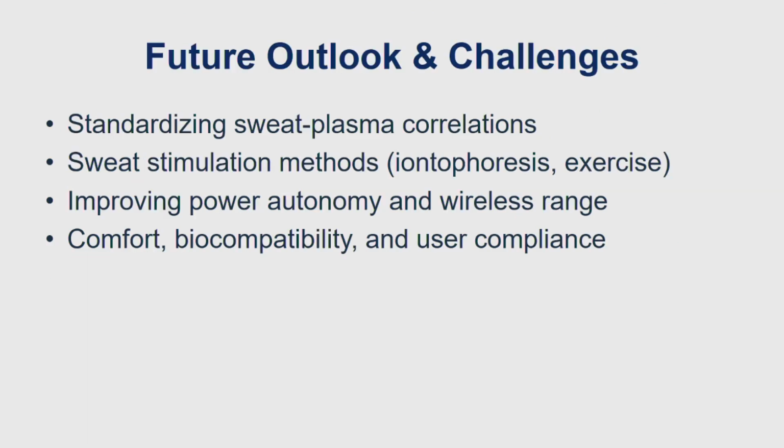Okay, so coming to the future outlook and challenges, if you want to work on epidermal wearable sensors, the things that you have to mainly focus on are how you can standardize sweat plasma correlations. That's going to be a big problem, because even people who are working on epidermal sensors, you have to make the person sweat. It's not always possible to make a person sweat unless you get the person in ambient conditions, even room conditions.